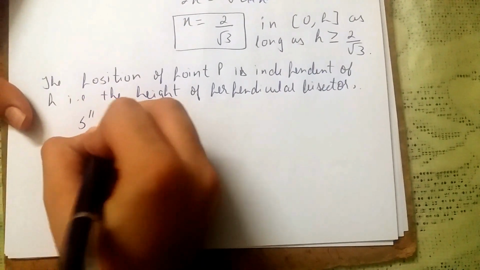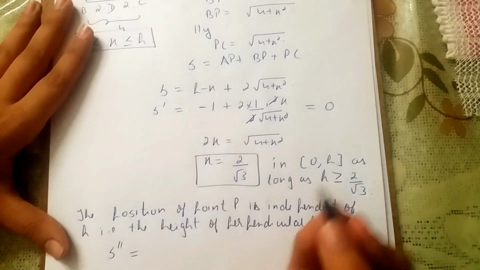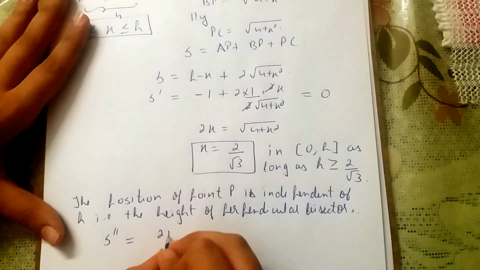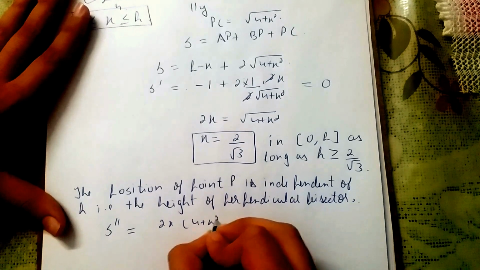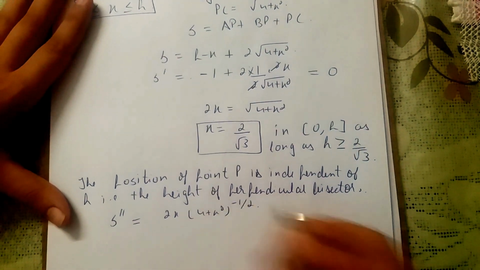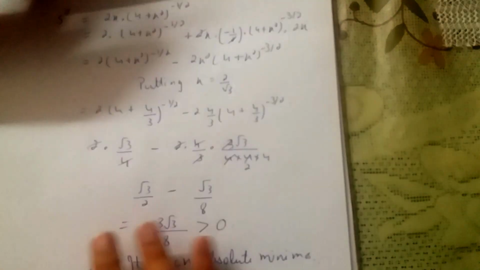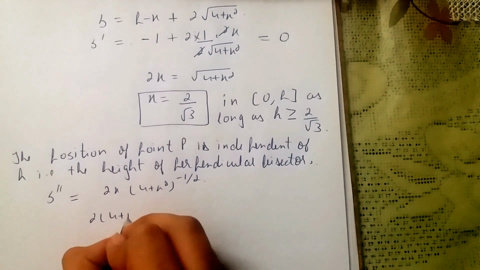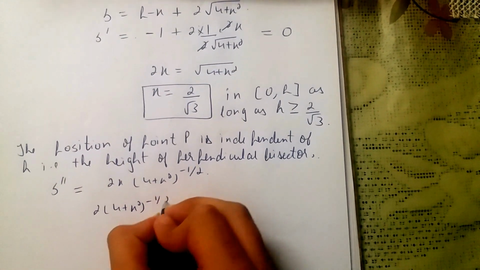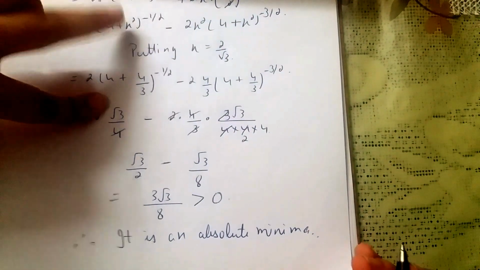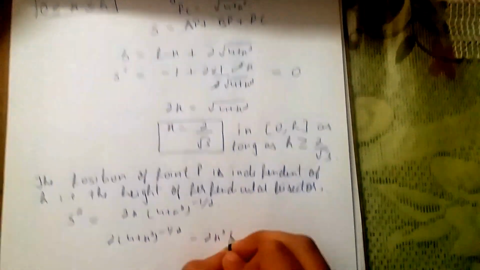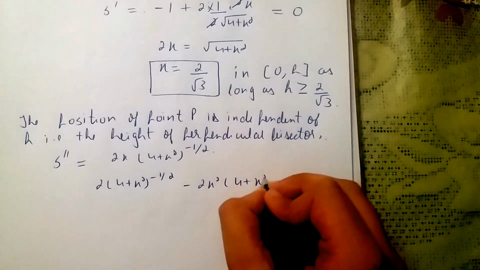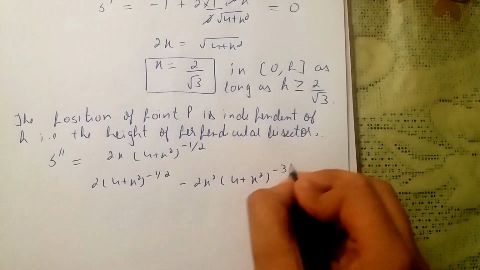Taking the second derivative, now it's the same. We have 2x into (4 plus x square) to the power minus 1 by 2. Let's cheat a bit. So what was the second derivative here? It was 2 into (4 plus x square) to the power minus 1 by 2, minus 2x square into (4 plus x square) to the power of minus 3 by 2.